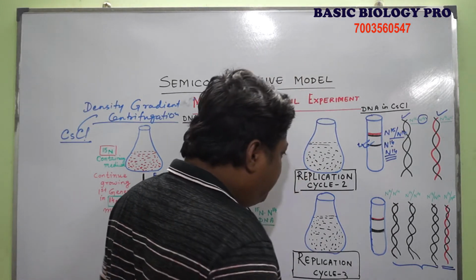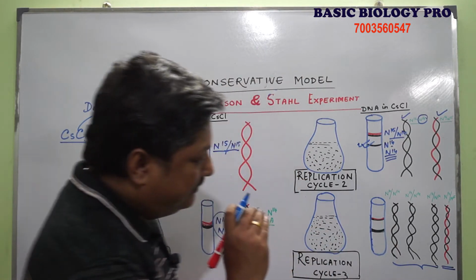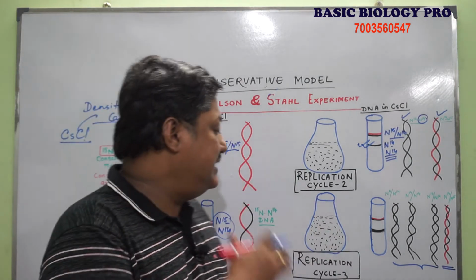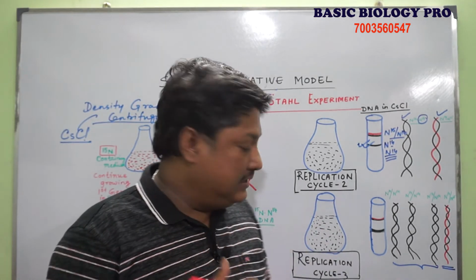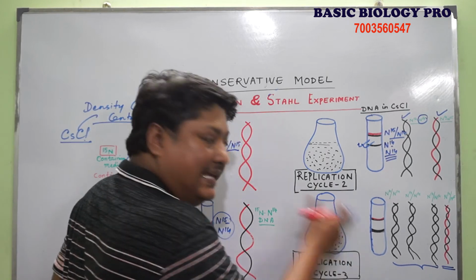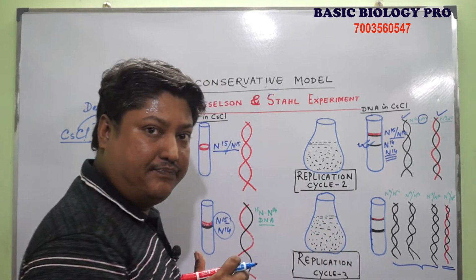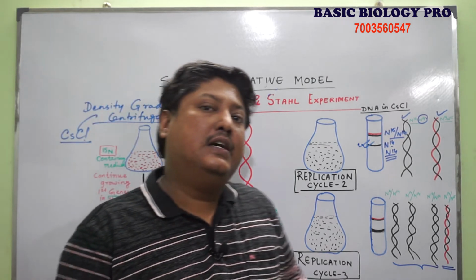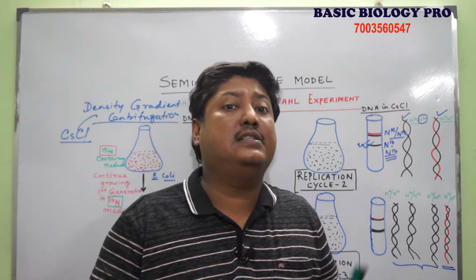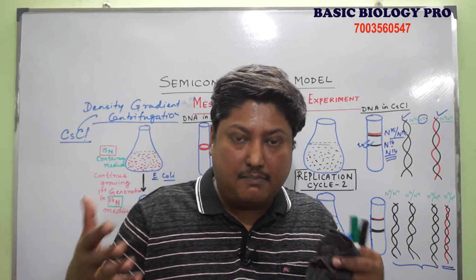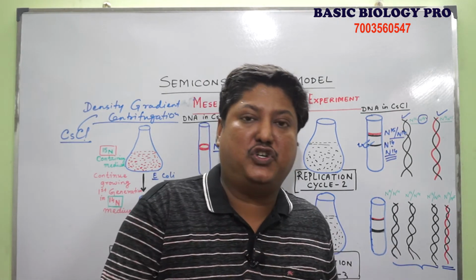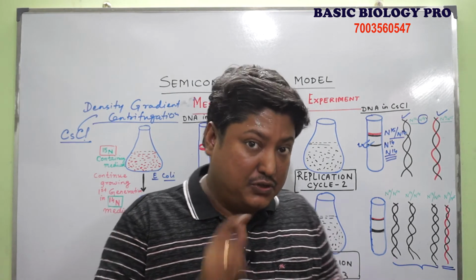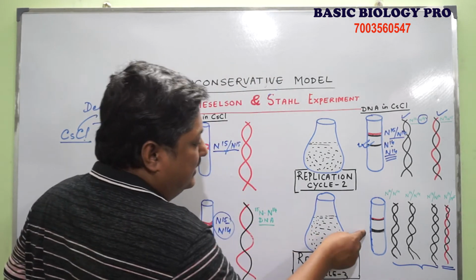Now one thing you have to note is that as replication goes on, the banding pattern is also changing, because most of the time questions are asked about what the banding pattern will be after the fourth or fifth generation of the cycle. So here is the answer.